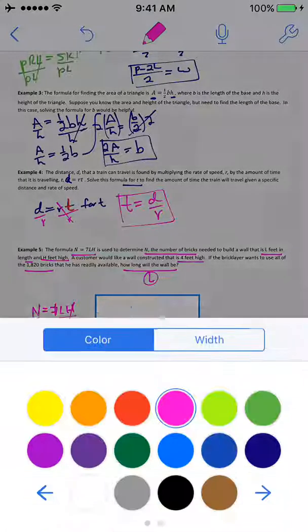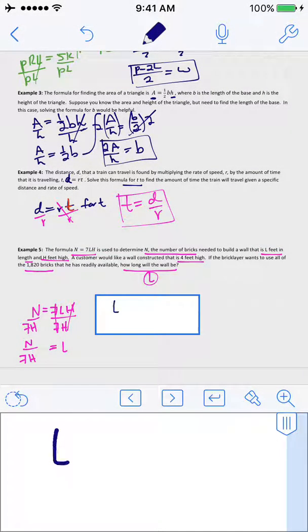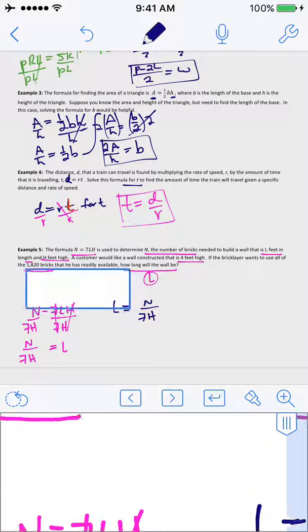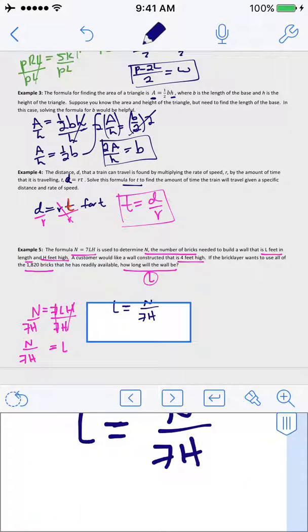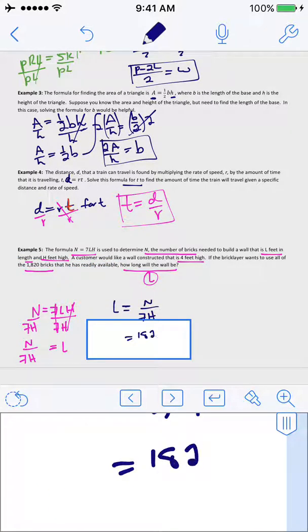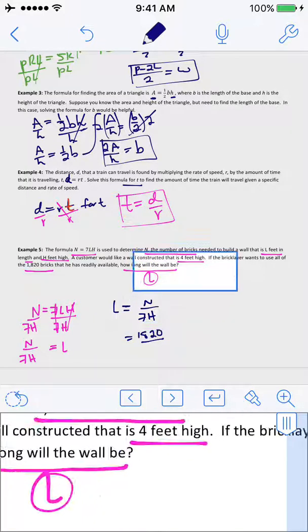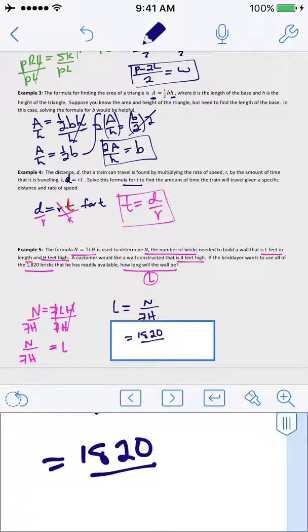So let's now take this new equation. L is equal to N over 7H. And let's plug in some values we know. Well, we know that N, the number of bricks, is 1,820 over 4 feet high. So 7 times 4.